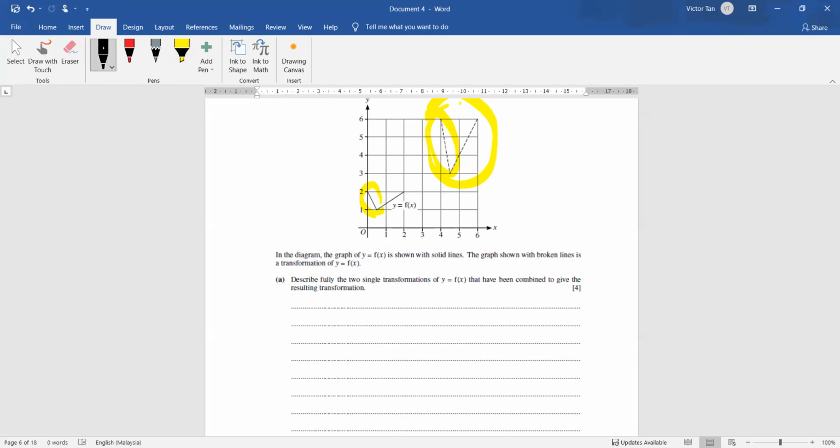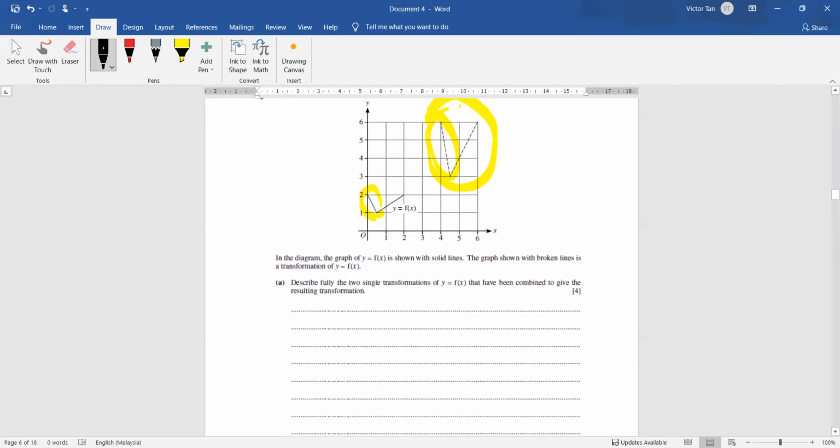So first you have to do a vertical stretch by a factor of 3.